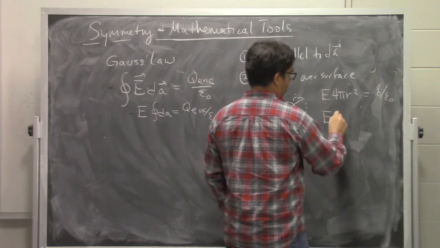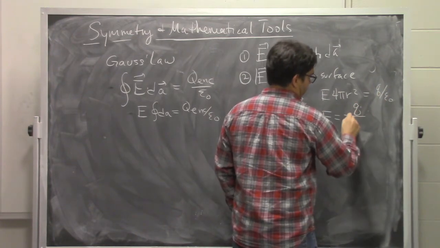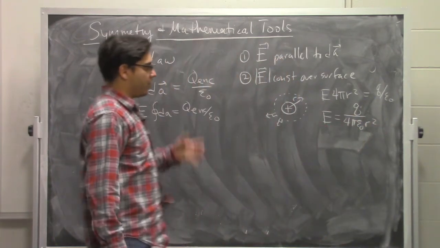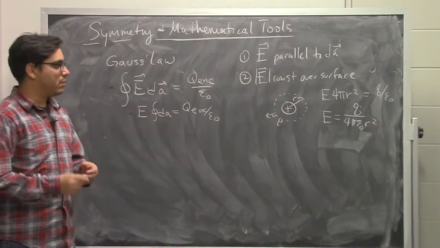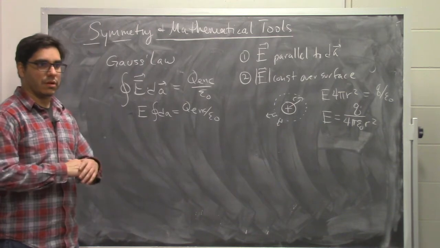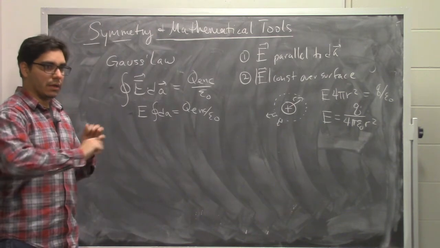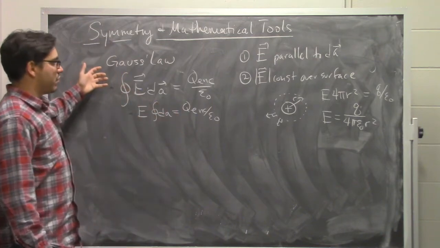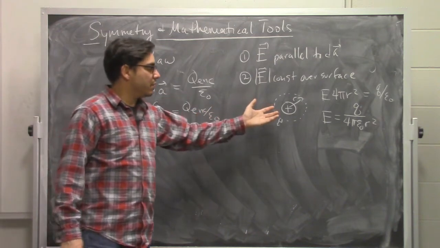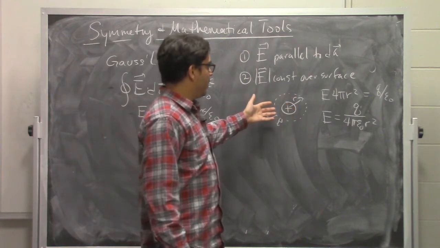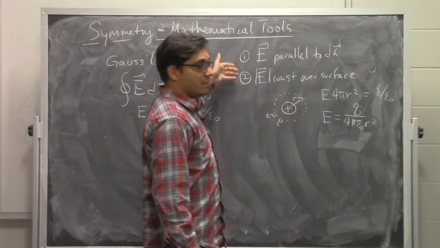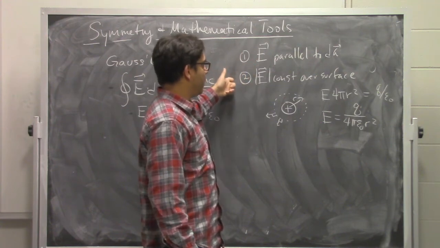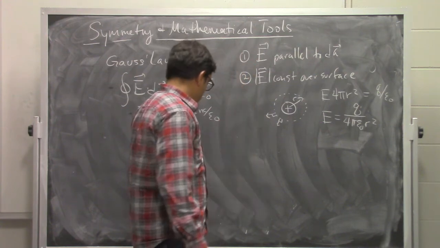This gives us a really quick way of deriving the point charge formula. We did that for a couple of other distributions, right? We talked about surface charges on a plane. We talked about a line of charge and so forth. But what we're doing here is exploiting the symmetry, the geometry of the situation, using these two ideas, namely that E is parallel to dA and E is constant over the surface.